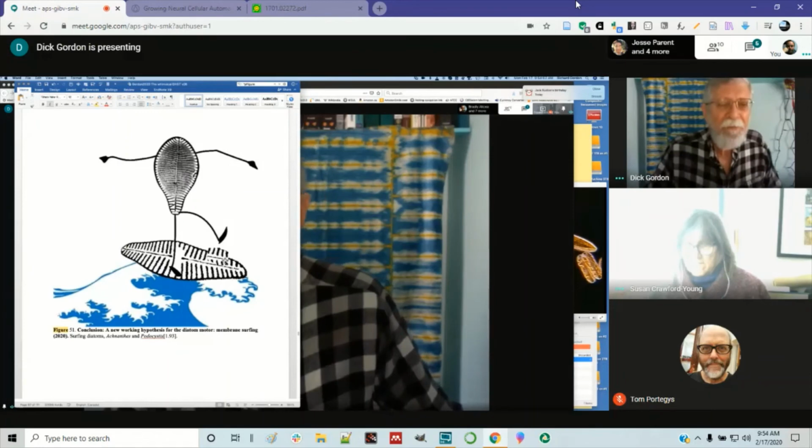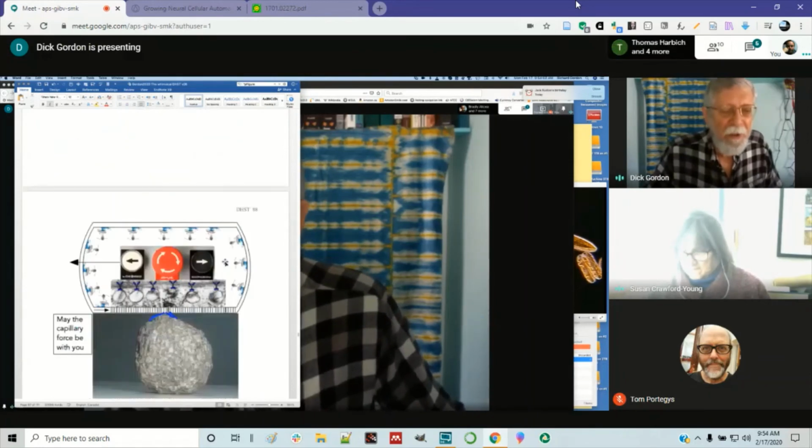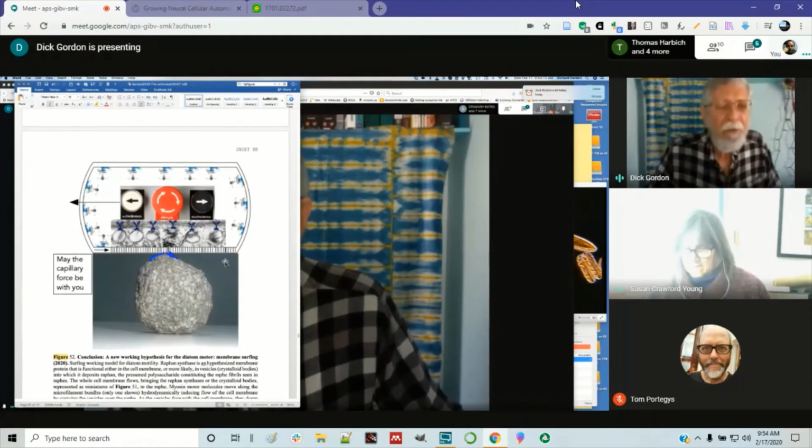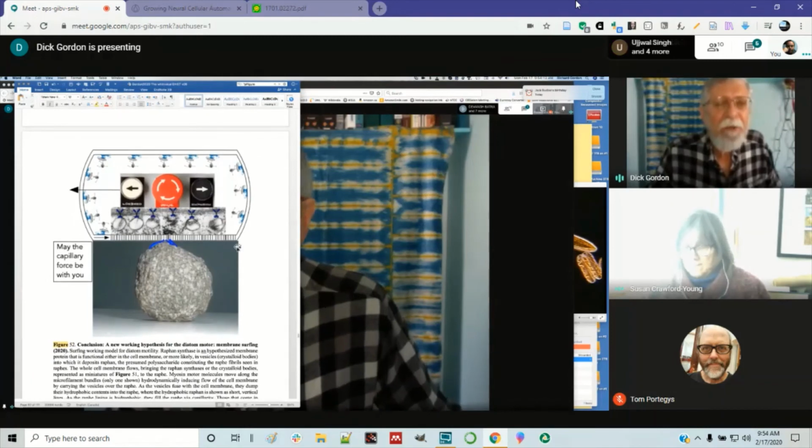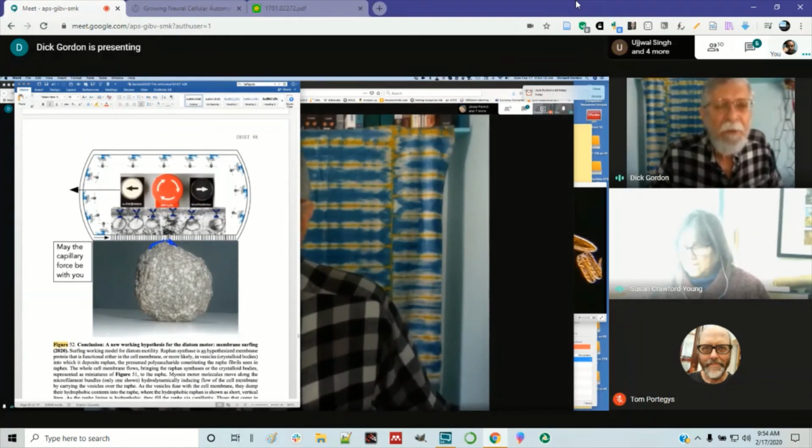Surfing diatom. Okay, so here's the model. It's kind of a composite of everything that I've ended up with. You have the microfilament bundle attached to myosins, which are carrying these vesicles, and the vesicles are now represented by the little surfing character.